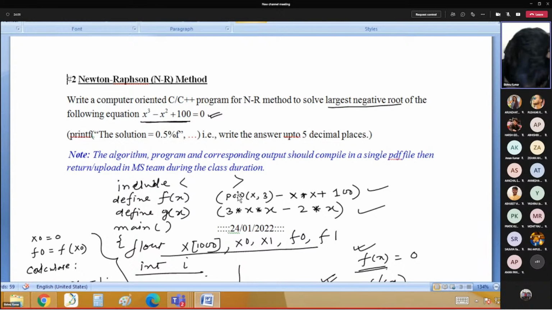Almost the program, that process I told you, is a simple iteration equation calculation. And before that, in theory classes, every process I told you, how this Newton-Raphson method comes, how it works, everything you know, I think.